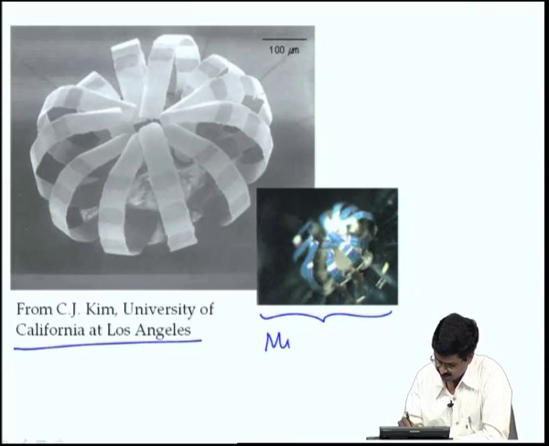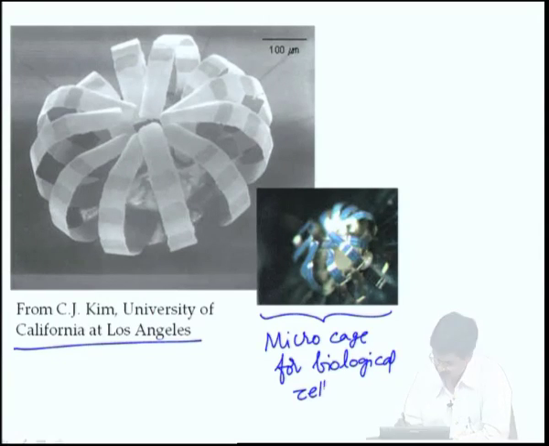This is a micro cage for biological cells. These days there is a lot of interest in studying the mechanical or other properties of biological cells, single cells that are isolated from the tissues. So, if you take a single cell, you need to capture it.